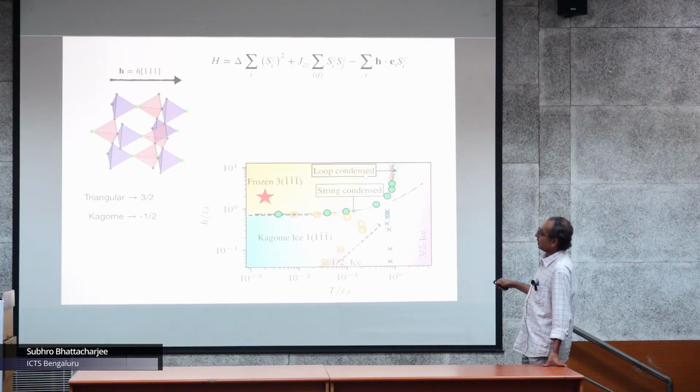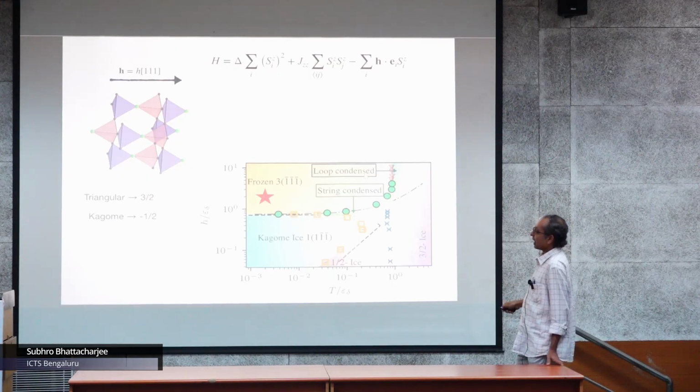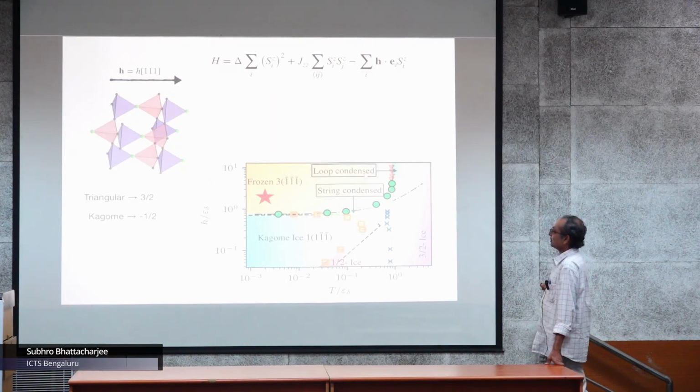They are pinned by the Zeeman term. On the other hand, the Kagome planes initially have slightly more life in them. Initially they are of course pinned to this -1/2, but as you increase temperature, the dynamics starts, they undergo fluctuations and they can mediate transitions.